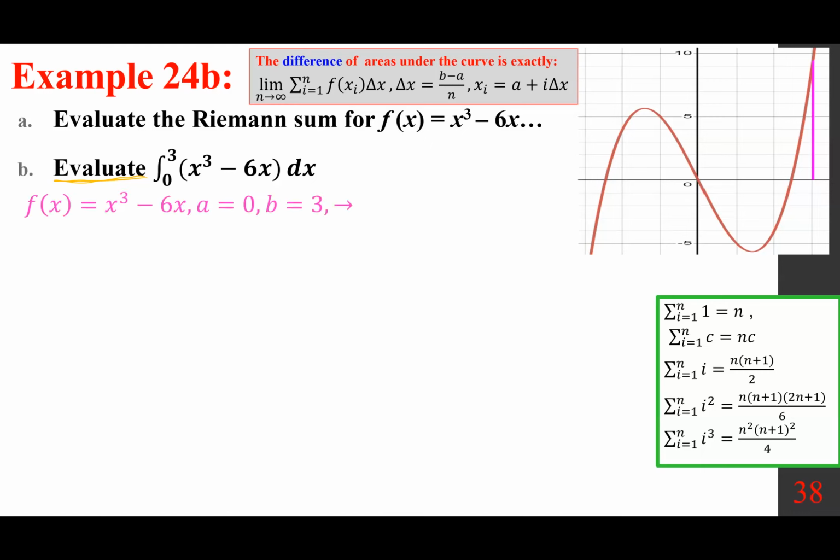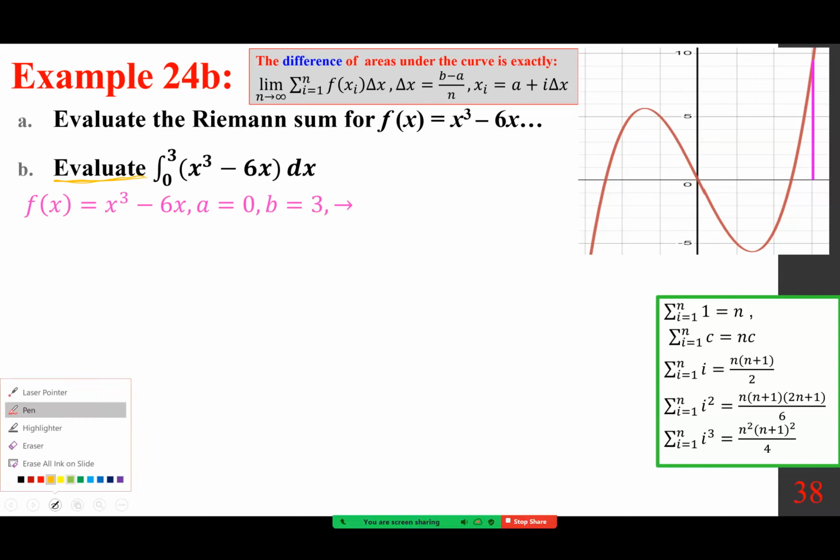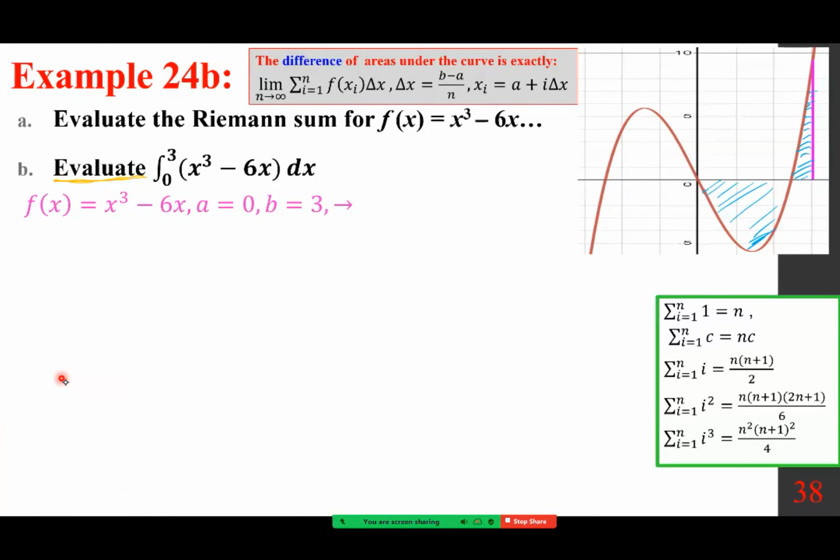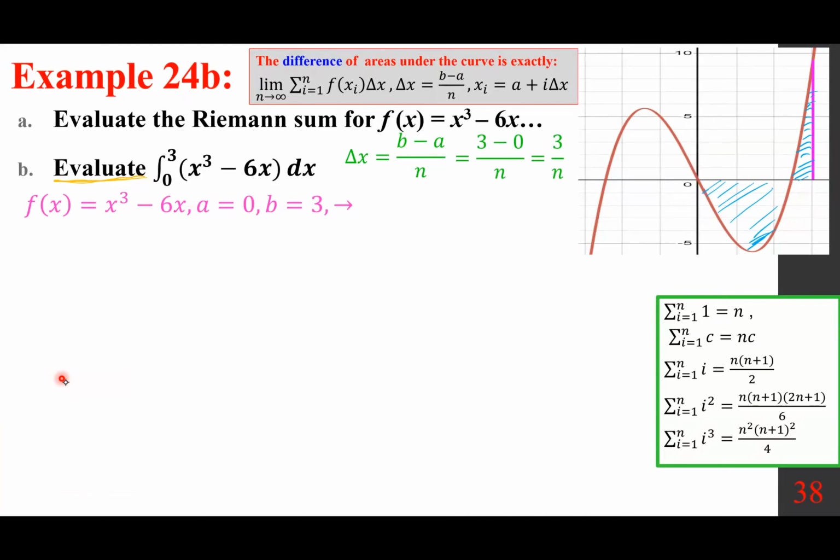Now this time we will get this exact area. So we have the function, we have the a, we have the b, and delta x is b minus a over n, not 6. And it becomes 3 over n. X sub i is a, which is 0, plus i times delta x, so 3i over n.